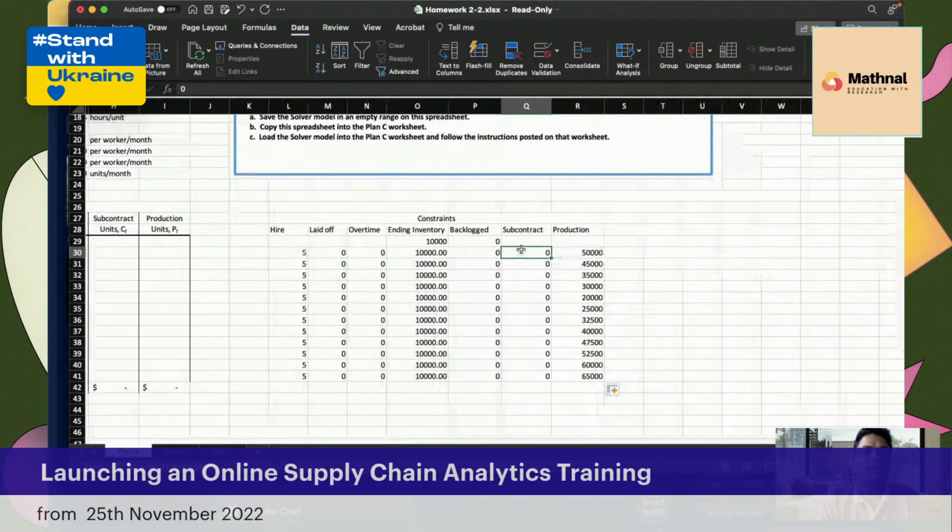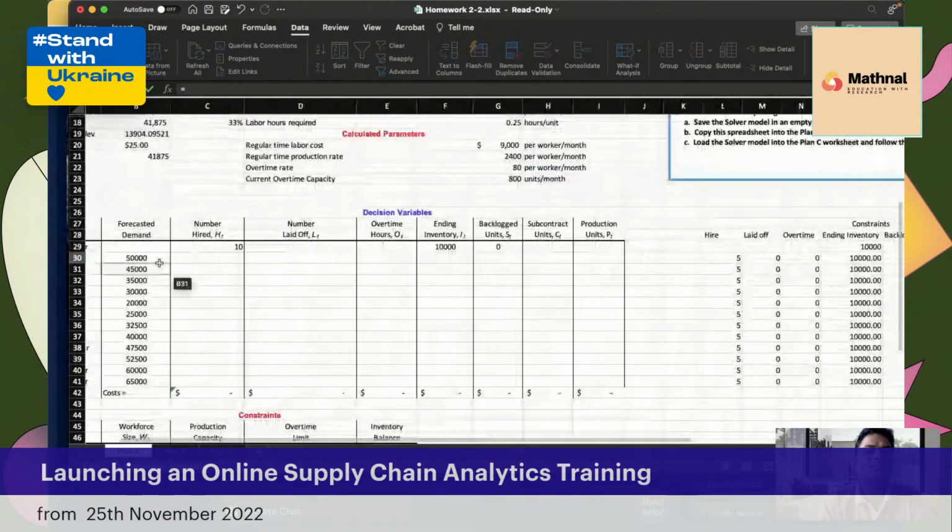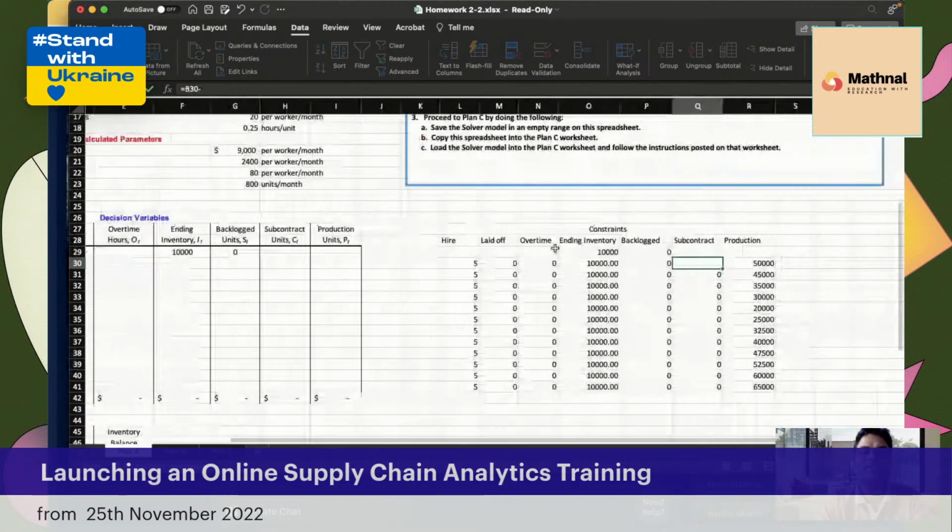Even if I have to define subcontracting, what is the formula which I am going to follow? If my forecast is more than production capacity, then I'm going to give subcontracting. So let's write the formula here: forecast minus production.